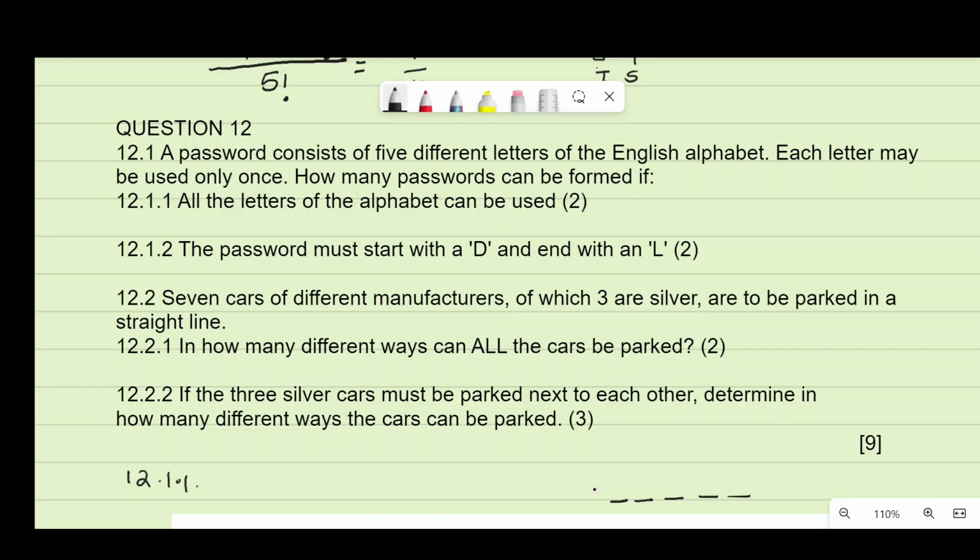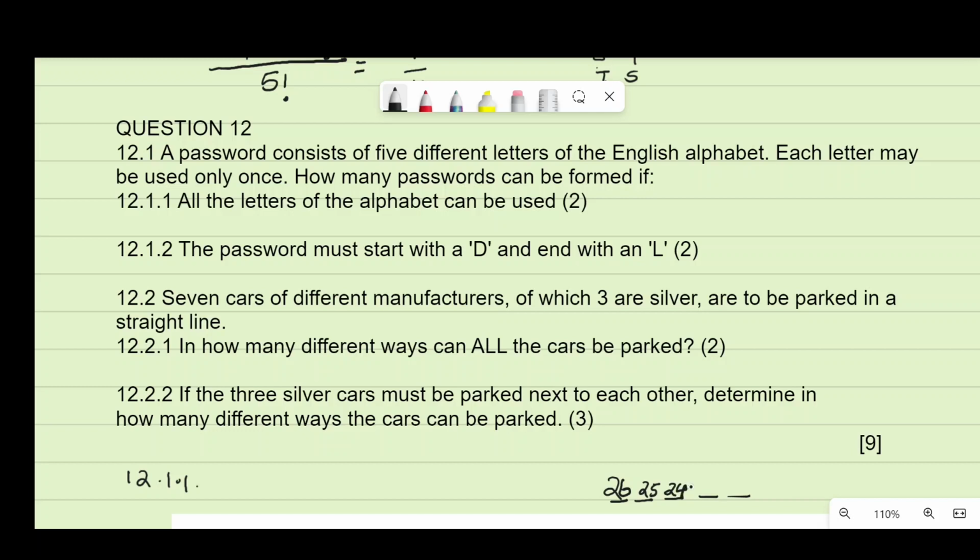How many passwords can be formed if all letters of the English alphabet can be used? How many letters are there in the English alphabet? There are 26 letters. So any of the 26 can be used in the first position. That means in the second position, you can use any of the remaining 25.